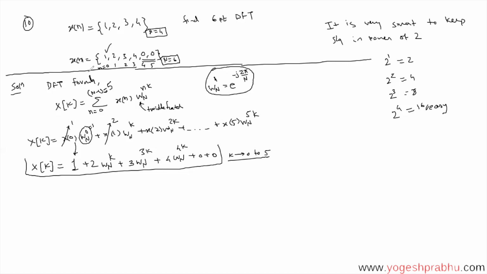Wait. When we look at the last term before the dashes, we have x2 W_N 2k, right? Which one? Yeah, right there. The x2. No, look on the last term before your dashes. You have x2 W_N raised to 2k. Yes. Okay, so x of 2 is 3.